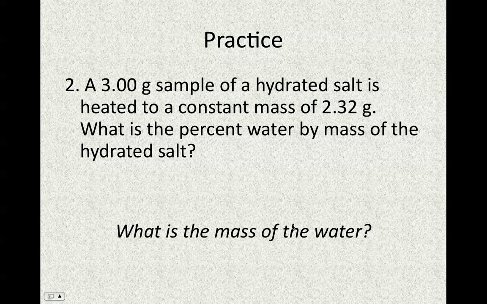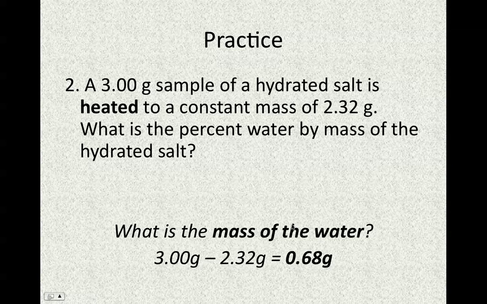First off, we have to know the mass of the part, or the mass of the water. How we're going to do that is we're going to take our hydrated salt, which is our original amount, subtracting out the anhydrous salt, which is what's left over after all the water is driven out. The difference between those, in this case 0.68 grams, is how much water was driven out or evaporated out of my sample.